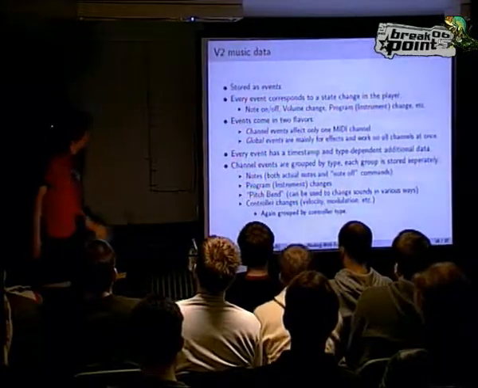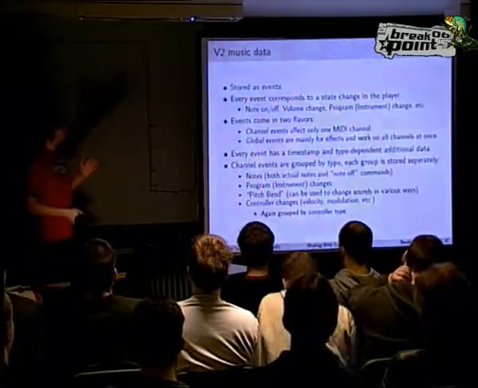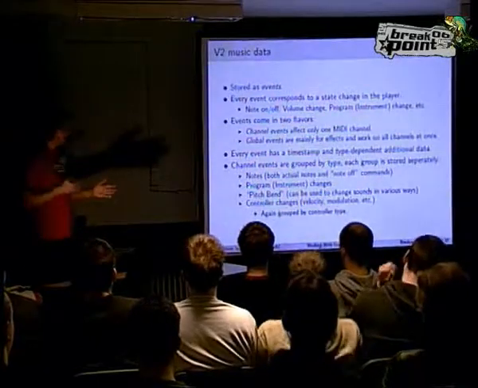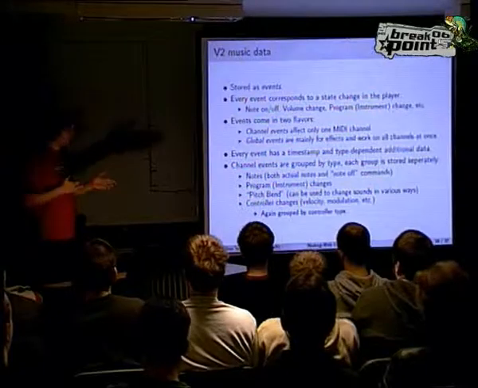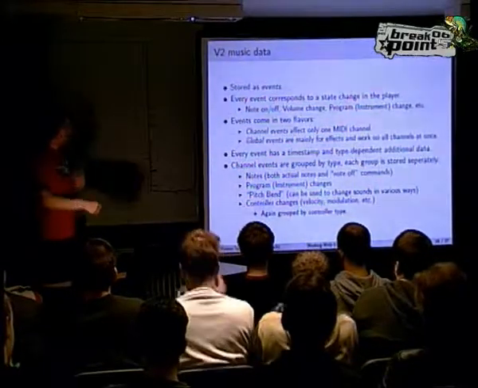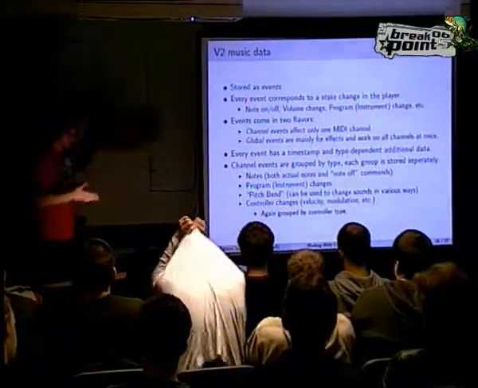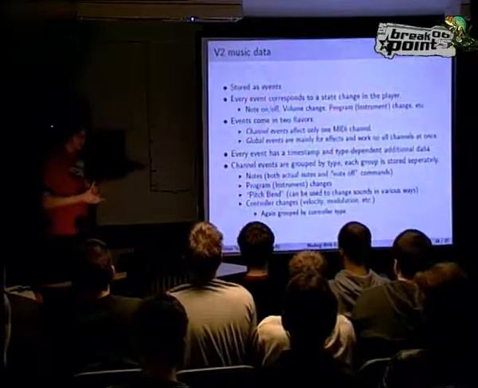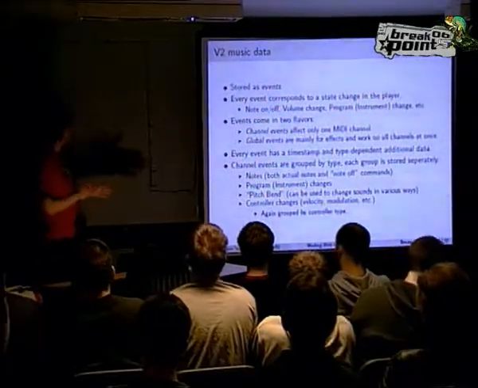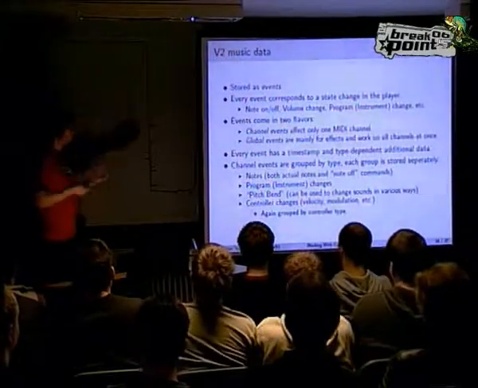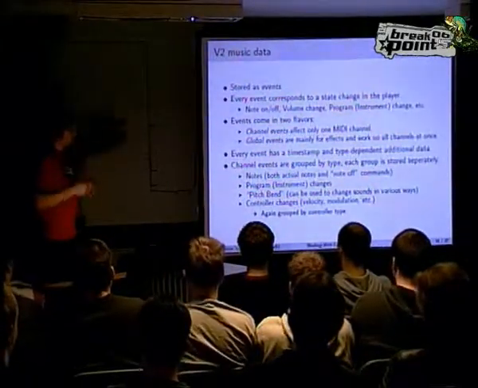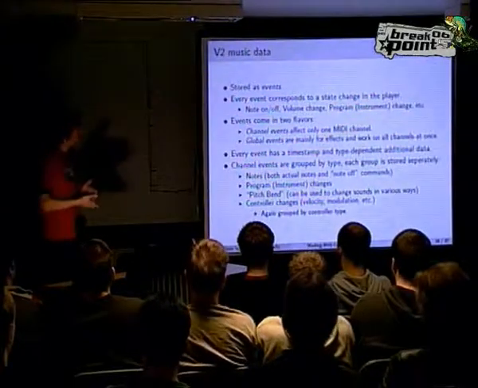For example, this music data is stored as a list of events. An event is everything that means the synth has to do some work, like change a parameter, play a note, and stuff like that, or change the instrument. There are two types of events, which are channel events and global events. Channel events only affect the one MIDI channel they're played on, like note commands, volume changes, and so on.